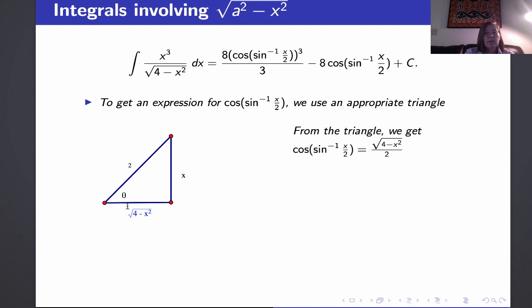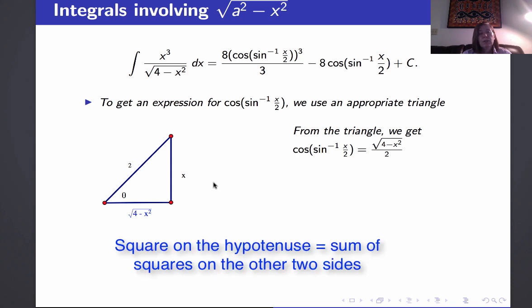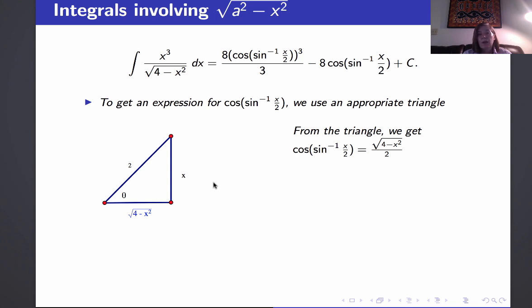That would mean that the opposite over the hypotenuse is equal to x over 2. So the simplest triangle to construct is one with the opposite side having length x and the hypotenuse having length 2. And then the length of the third side is determined completely by Pythagoras' theorem. It has to be equal to the square root of 4 minus x squared.